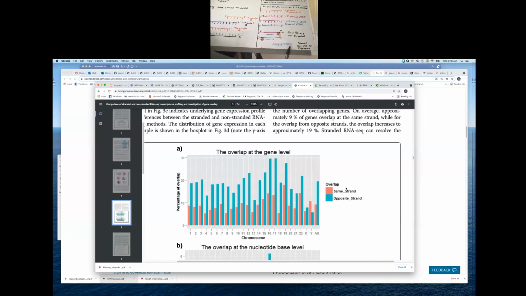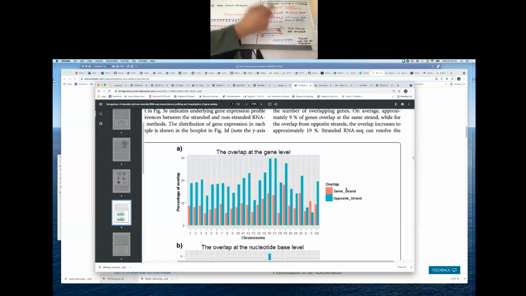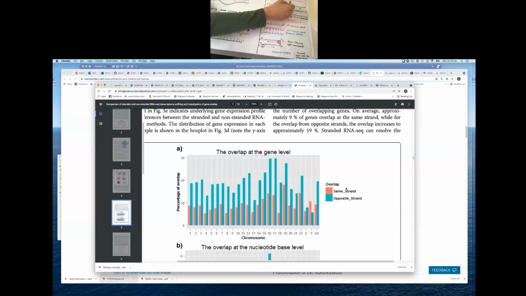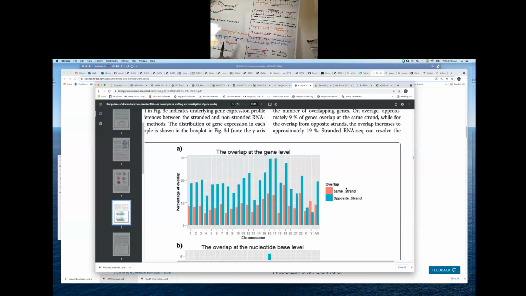Then we map this molecule back to the genome to figure out where it came from, and it matches up exactly with this, and exactly with this. So if we don't know the origin of our template, we won't know which transcript to assign that read to.